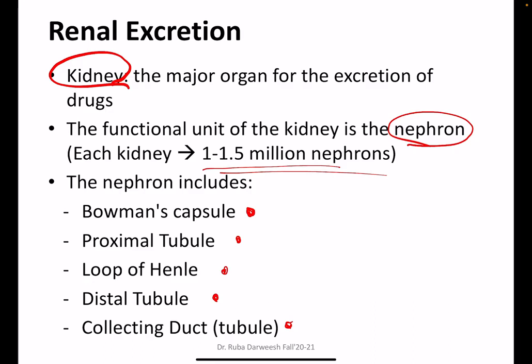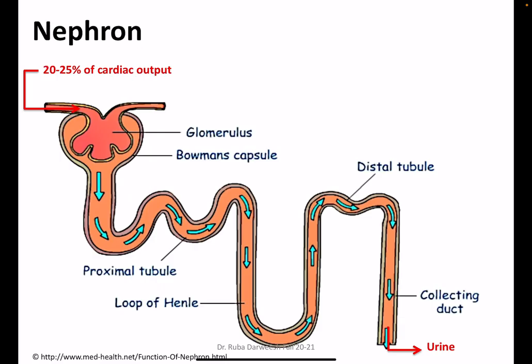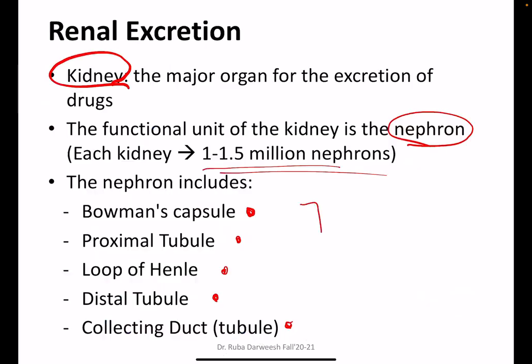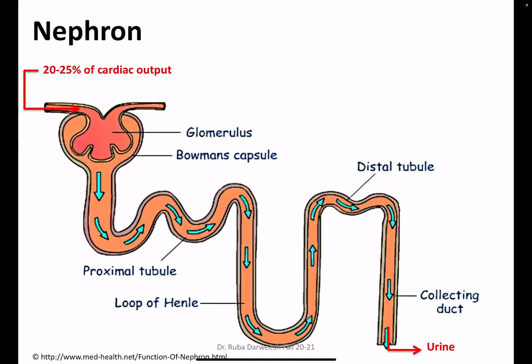The exact processes of each one of them, I don't care about it. You already have it in physiology and anatomy, but in our case, you need to know that those structures are all involved in the excretion, which are parts of the nephrons.